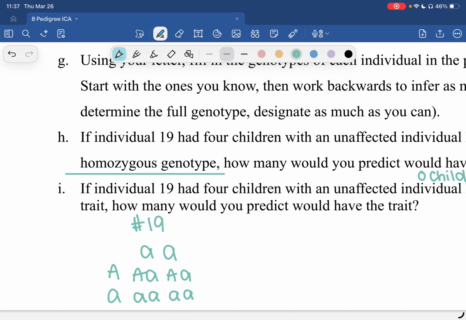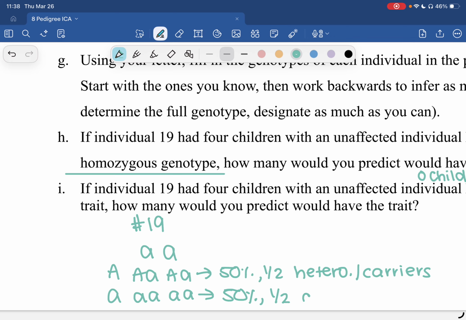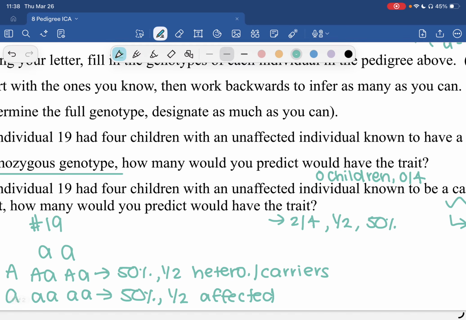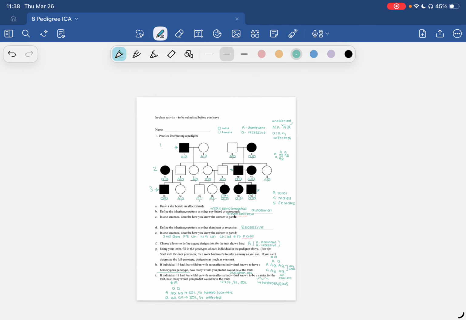Okay, and then this would show you that 50% or half of them would be heterozygous or carriers, but this 50% would be affected. So when it says how many would you predict, you could say 2 out of 4 of the children, half of the children, 50% of the children, just whatever kind of ratio you'd like to use for that.